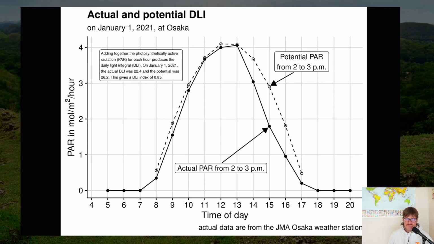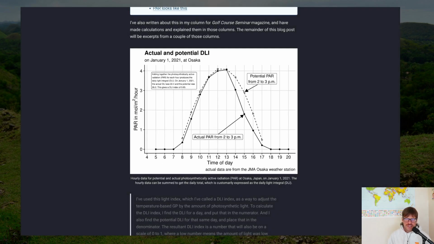So that is interesting, because now we're making some progress in being able to consider GP, the temperature-based growth potential, and the effect of light on the same scale, on a scale of 0% to 100%. So it seems like maybe that is going to be useful, but actually, as I've worked through it, I've found it's not so useful after all, because this is the middle of winter.